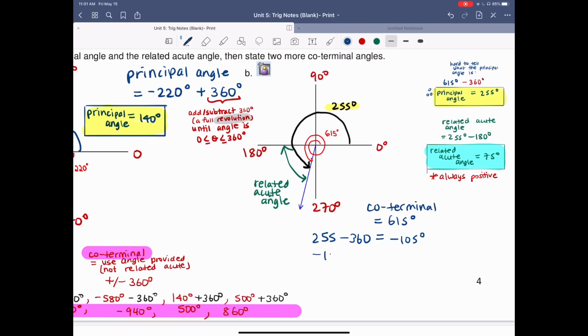When I do negative 105 degrees, subtract by 360, I will get negative 465 degrees. 615 degrees plus 360 degrees, I get 975 degrees. And there are infinite number of coterminal angles.